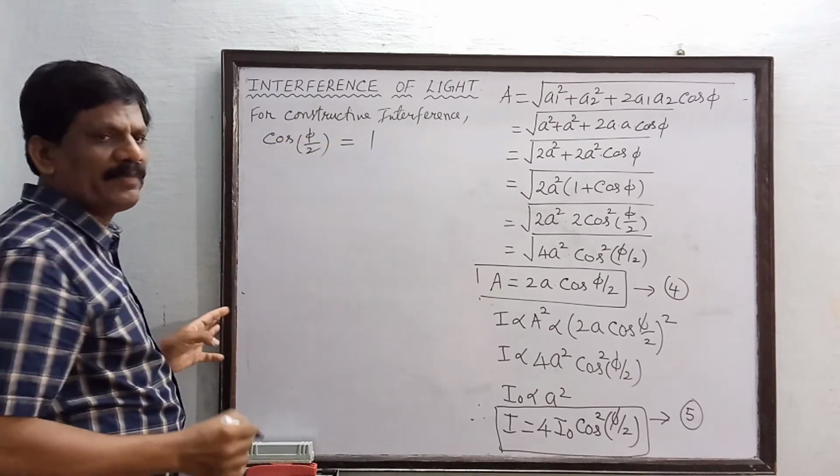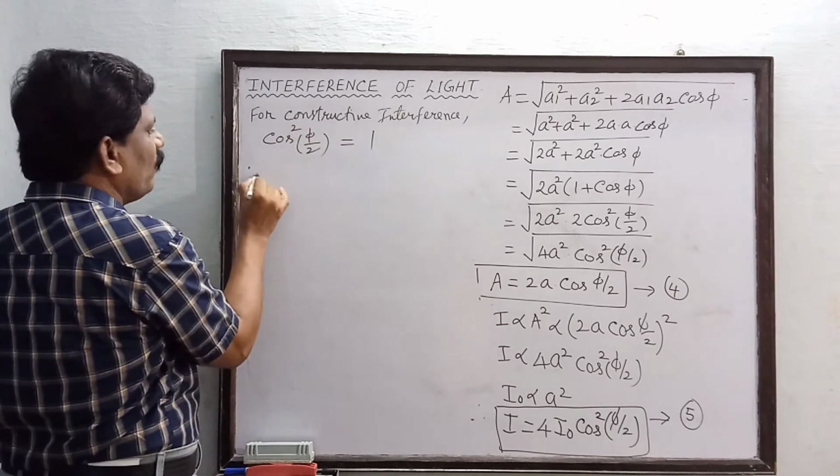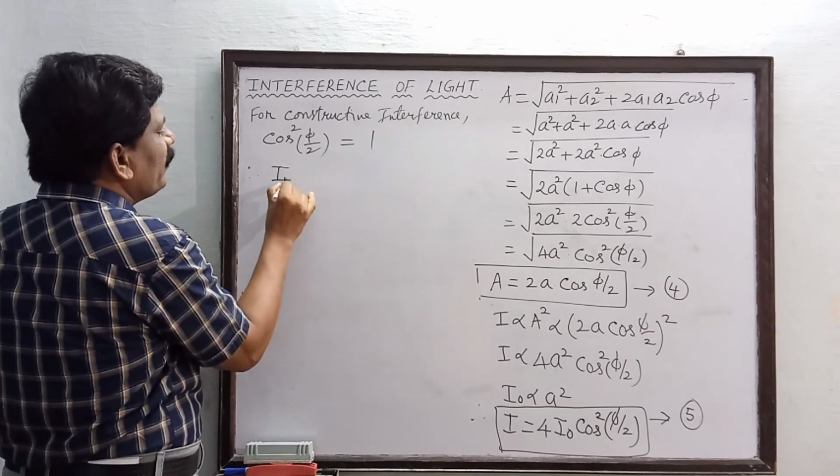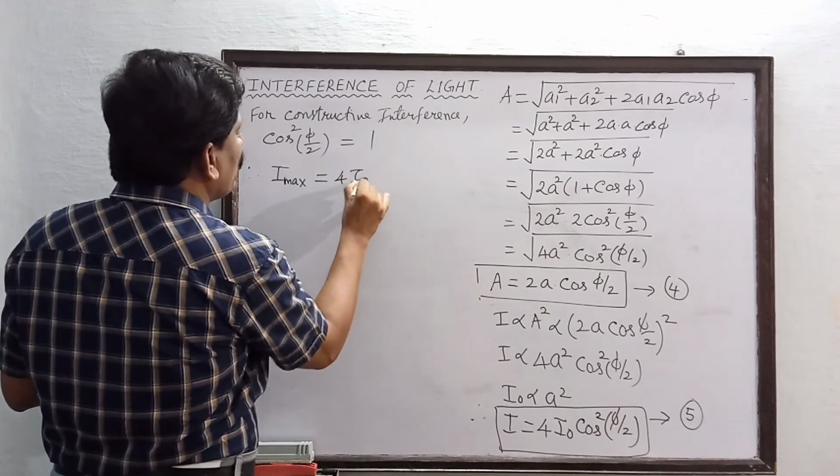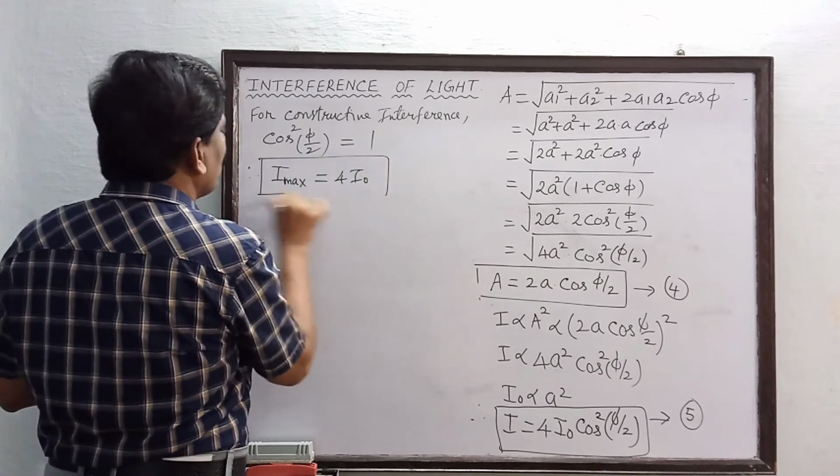Therefore I maximum is equal to 4 times I naught.